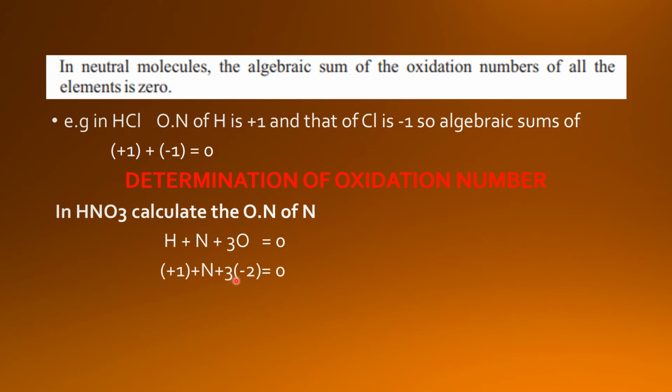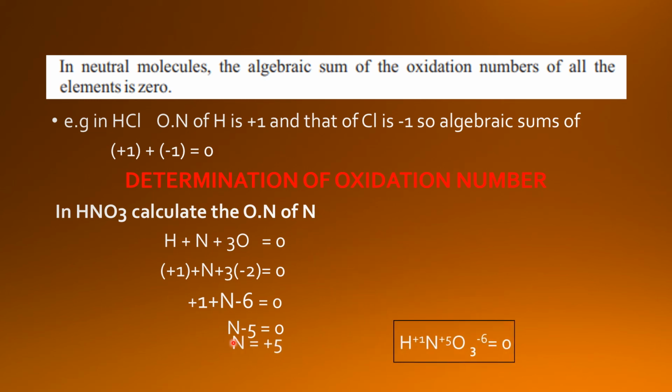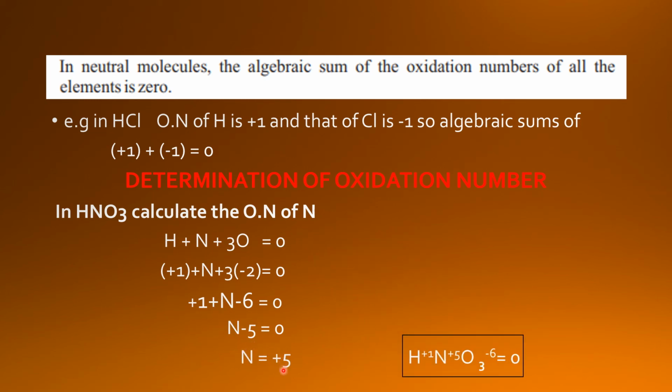So we calculate this as +1 plus nitrogen, and -6 is the oxidation state of the 3 oxygen atoms. After summing, we get -5, as +1 and -6 equal -5. So the oxidation state of nitrogen will be +5.